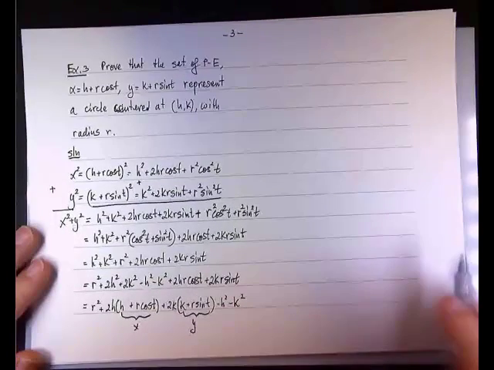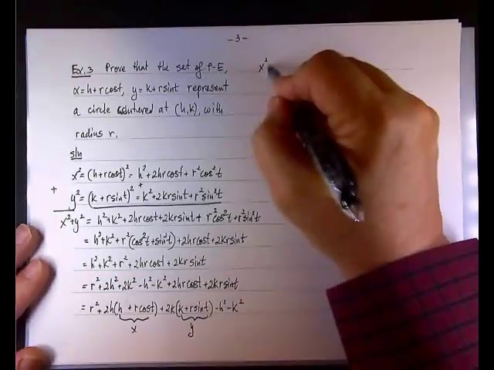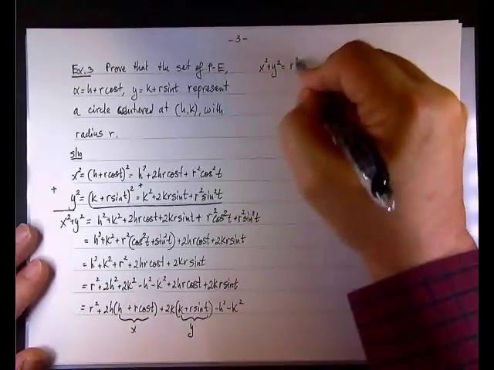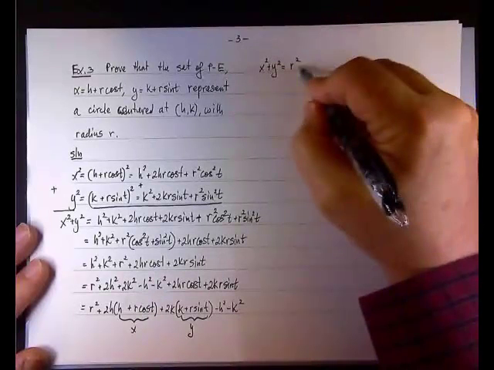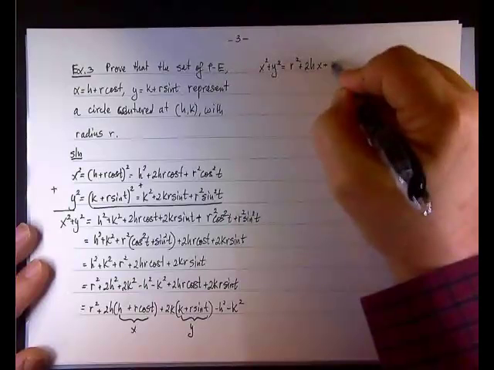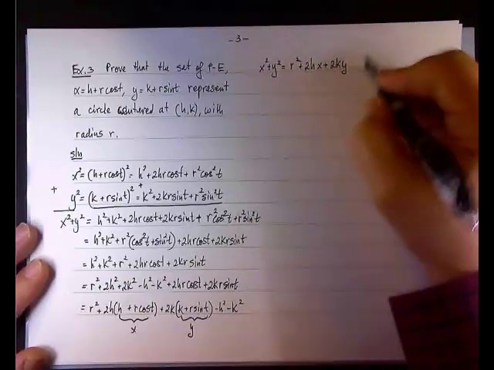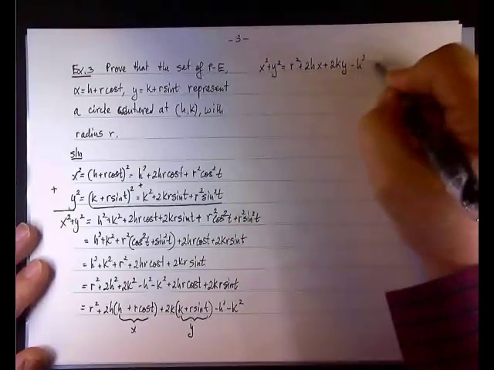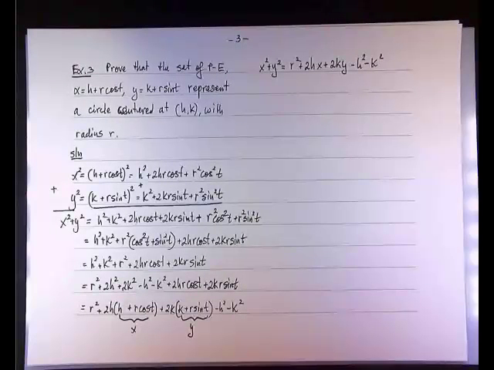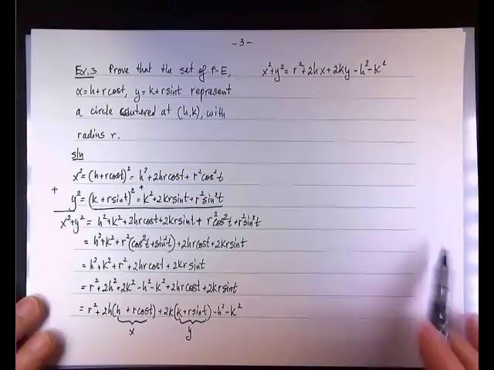So, going to the next page, I can write x squared plus y squared equals r squared plus 2hx plus 2ky minus h squared minus k squared. I tell you what, I'm going to move everything except r squared to the left side. Okay?